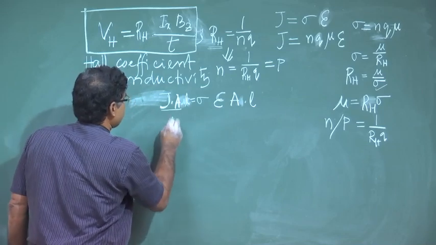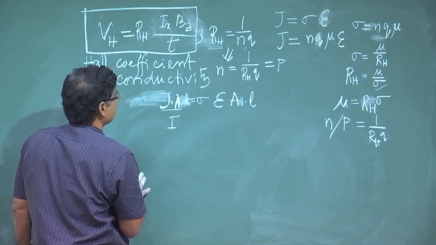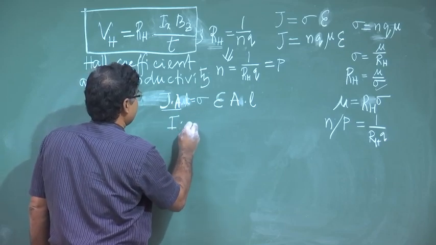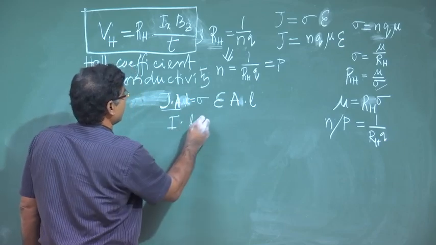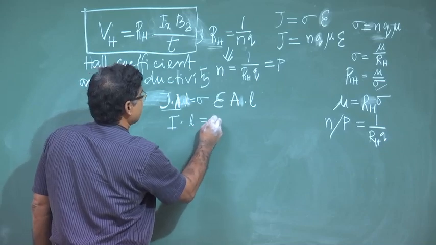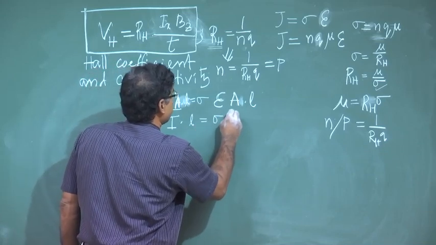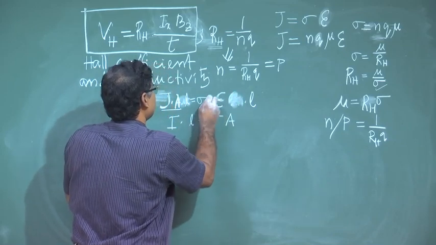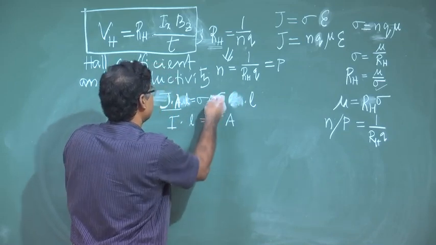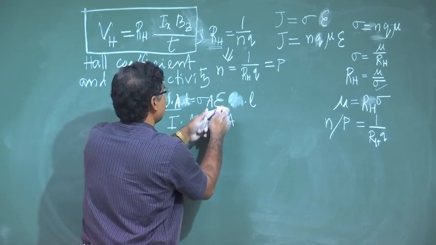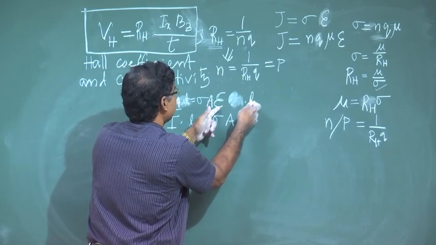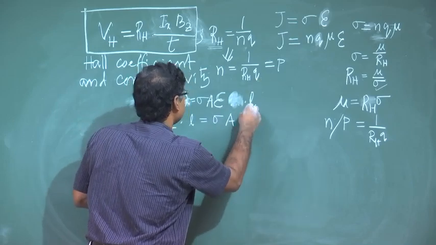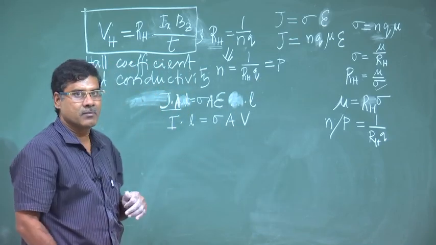So, this I can write I into L equal to sigma A, put A here, and this is E L, electric field into this length, that will give me voltage V. Okay. That will give me voltage V.